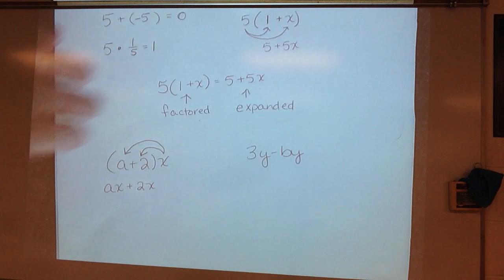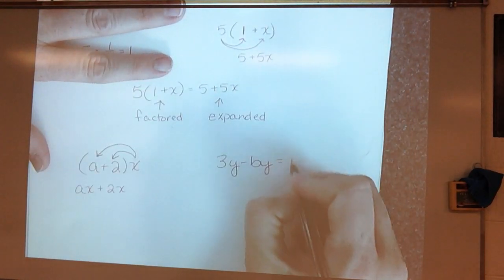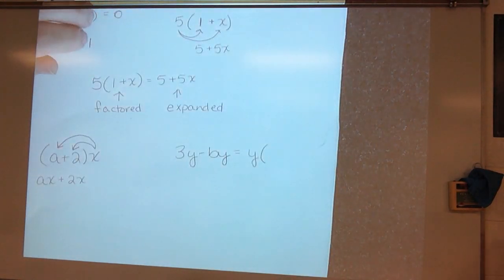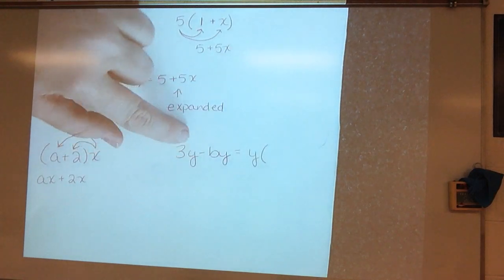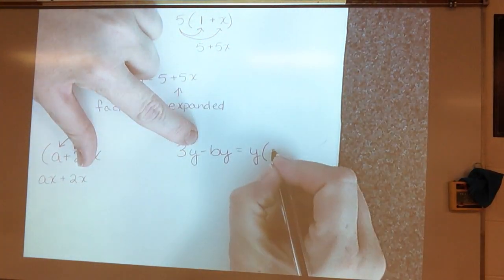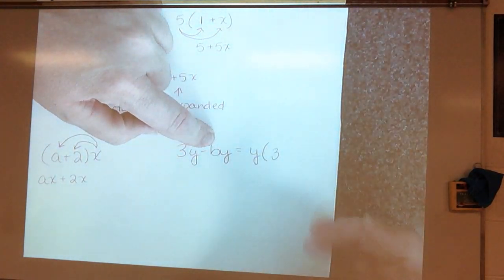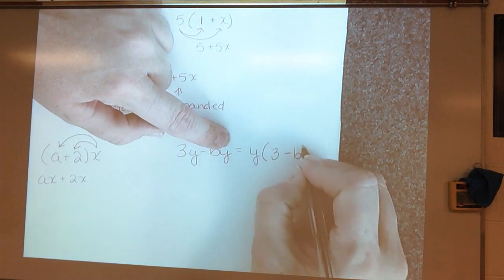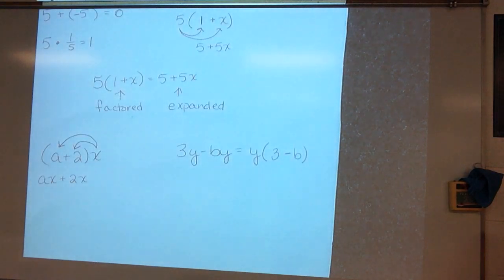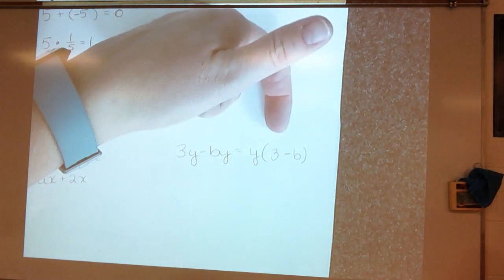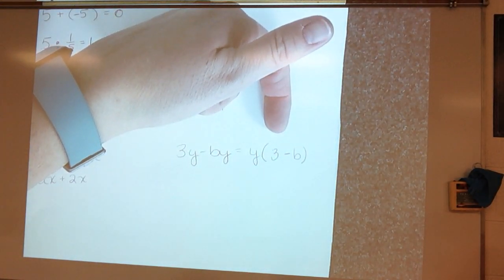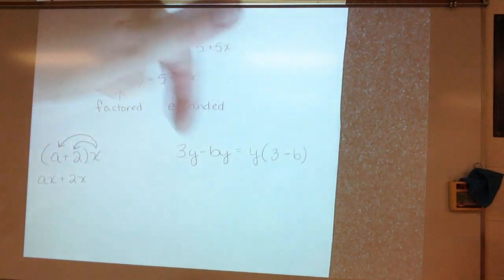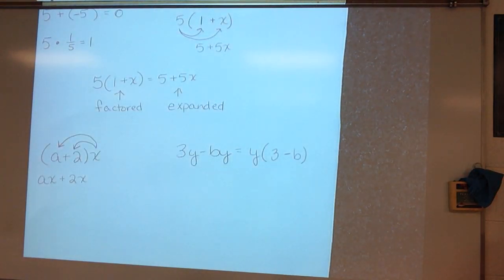But they do have a y in common. So I can pull a y out. And when I pull that y out of 3y, I have 3 left. And when I pull a y out of negative by, I have negative b left. So this would be my factored form of 3y minus by. Look for what they have in common.